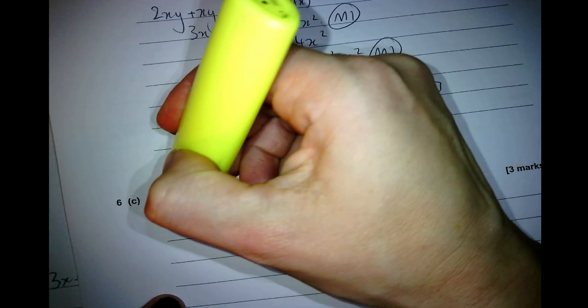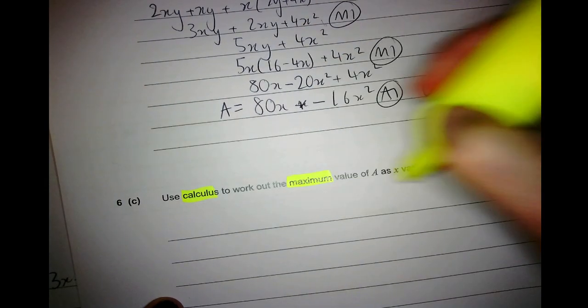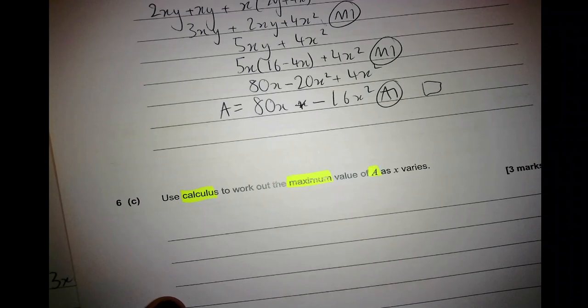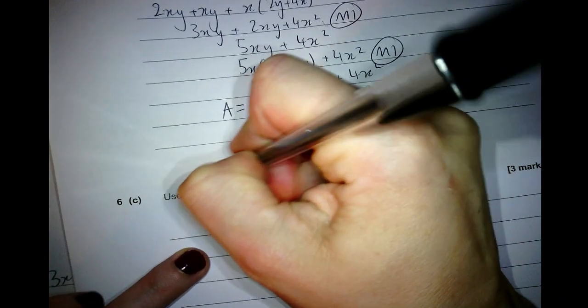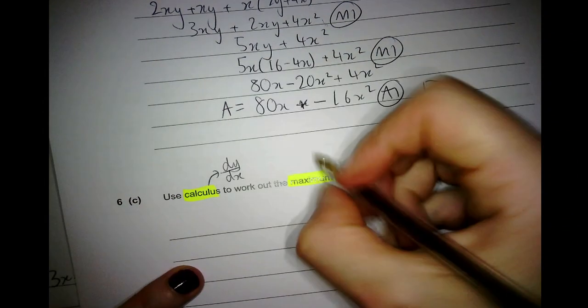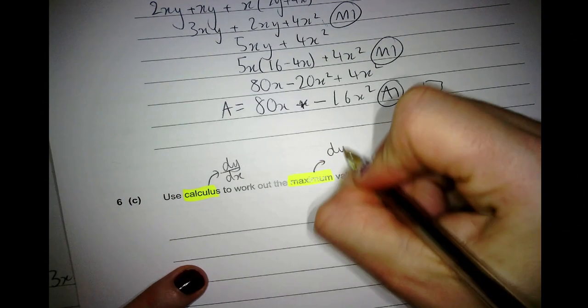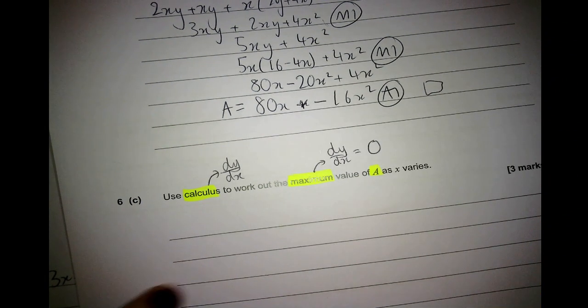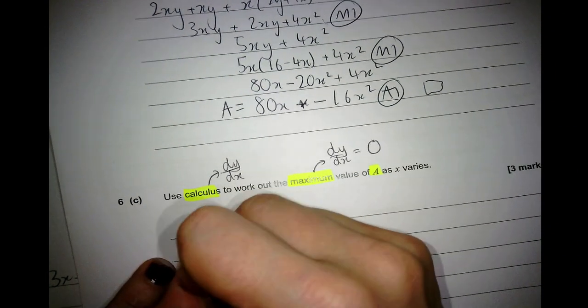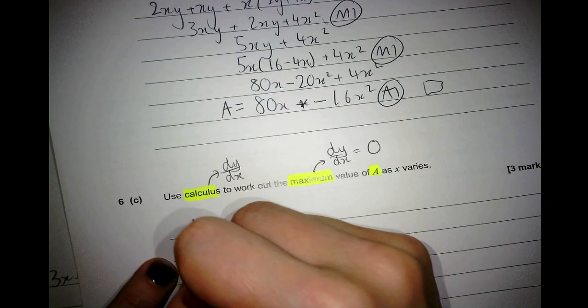Okay, question 6c. Use calculus to work out the maximum value of A as x varies. Calculus means differentiation. And maximum, I know I have a maximum when my differential is equal to 0. So the first thing I'm going to do is differentiate, and it's actually going to be dA by dx.